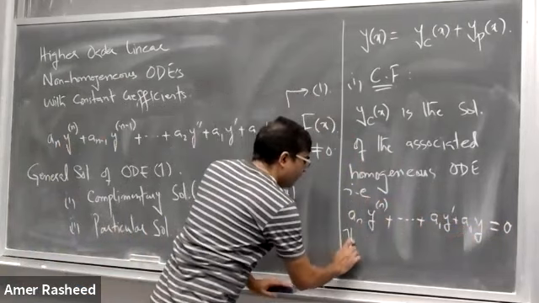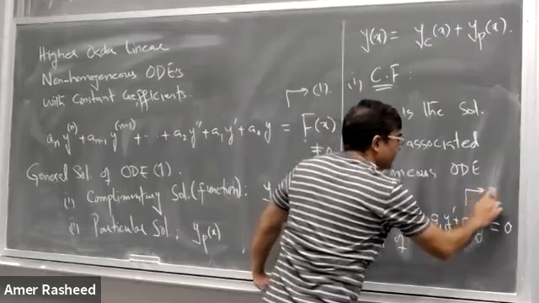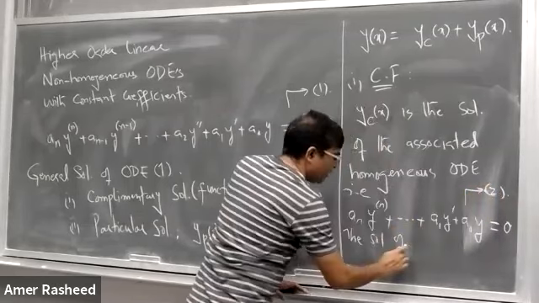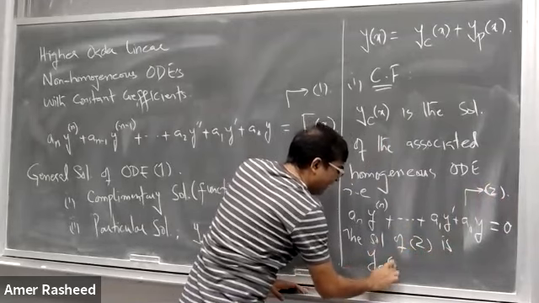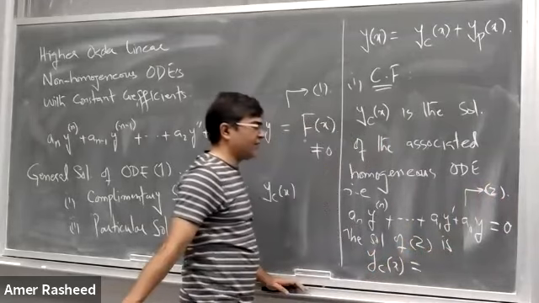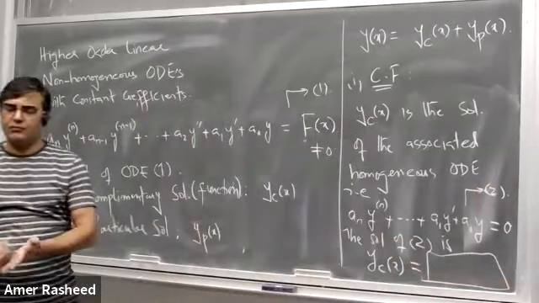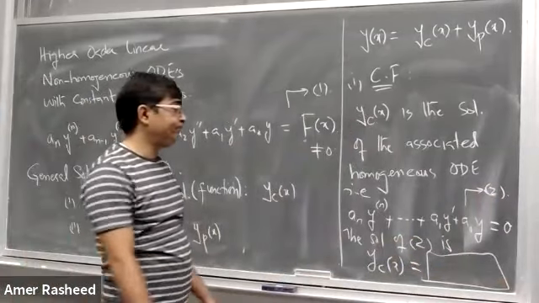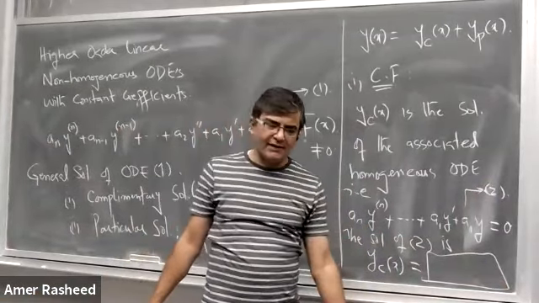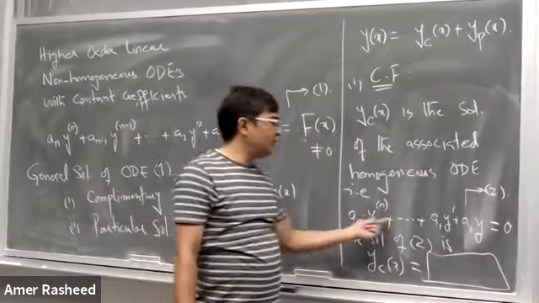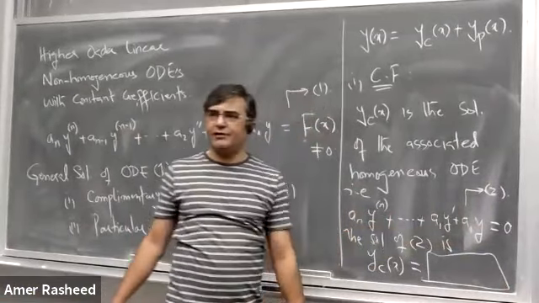The solution of this equation, you can say equation 2, is yc of x, which is called the complementary function. I think we have already discussed previously how to find the solution of a homogeneous higher order ODE with constant coefficients.